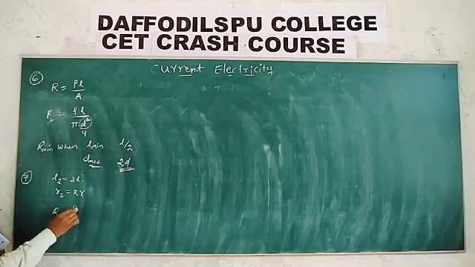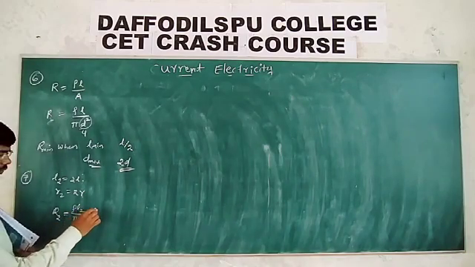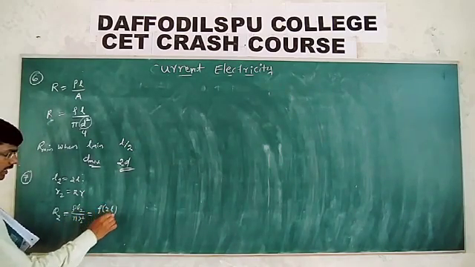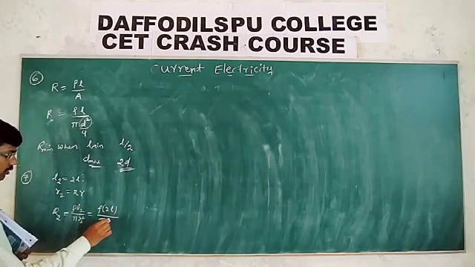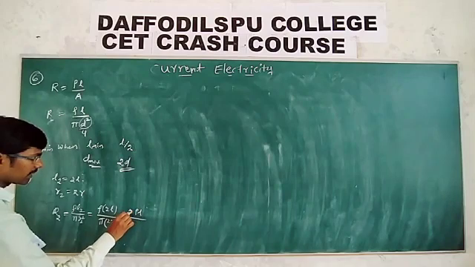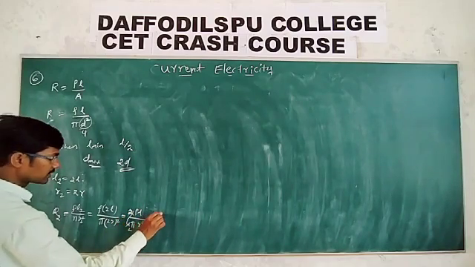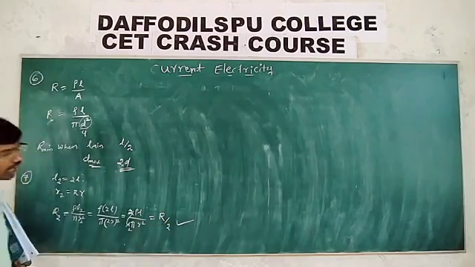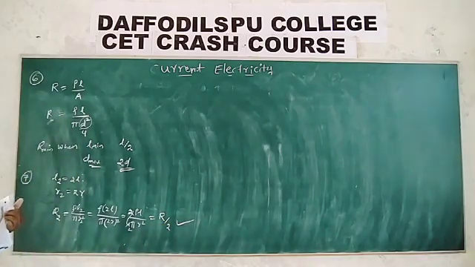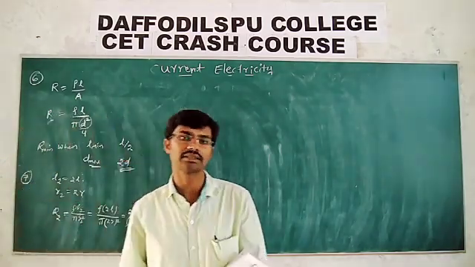R is equal to rho L2 by pi R2 square, which is rho into 2L by pi into 2R whole square, then 2 rho L by pi into 4R square. Here the 2 cancels. Then what happens to resistance? R by 2. The resistance will be half, and specific resistance remains unchanged.